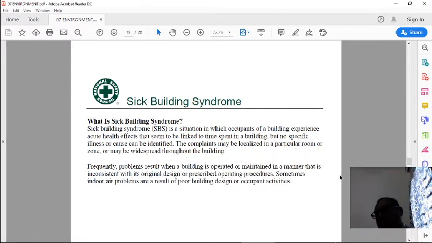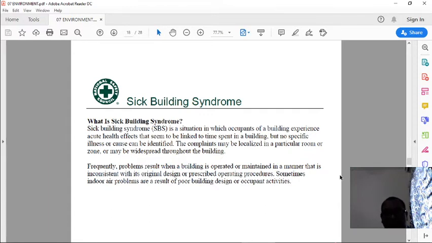Sick building syndrome sometimes can be related to respiratory problems, or even headaches, or even lightheadedness, whereby maybe the water system is not very good, or even the air circulation inside the building is not very good.